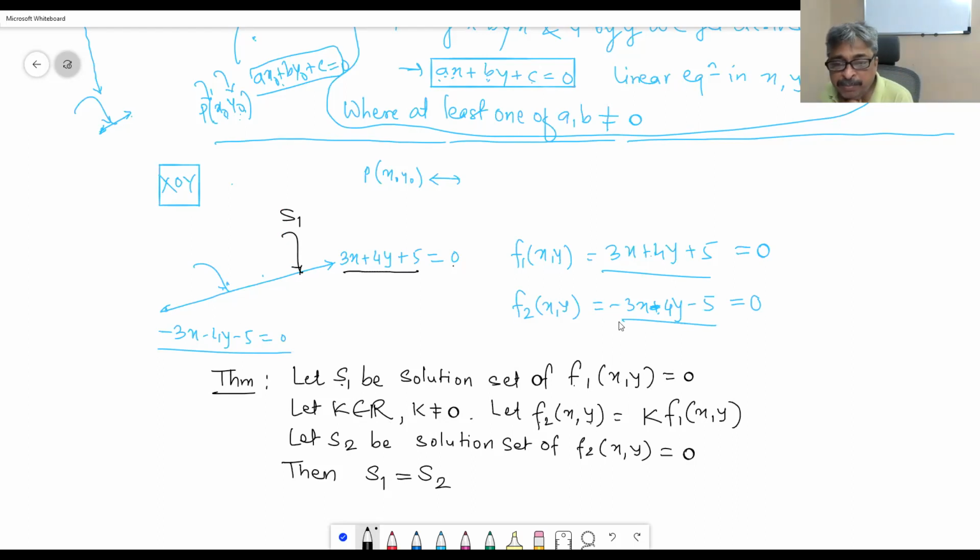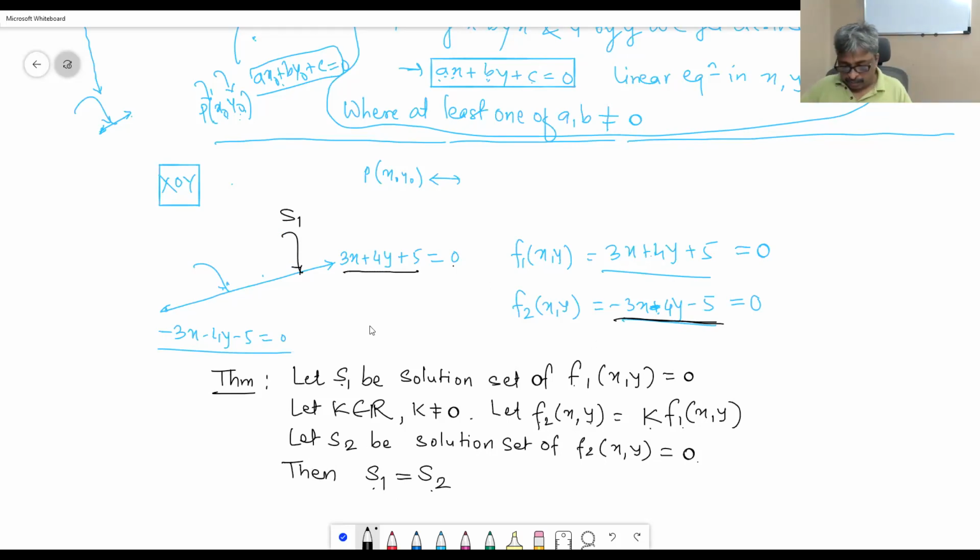In our example, f2 is equal to minus 1 times f1. Suppose S2 has a different solution set, the solution set of f2 of x comma y is equal to 0. This theorem says no, it is not possible. S1 will be equal to S2.